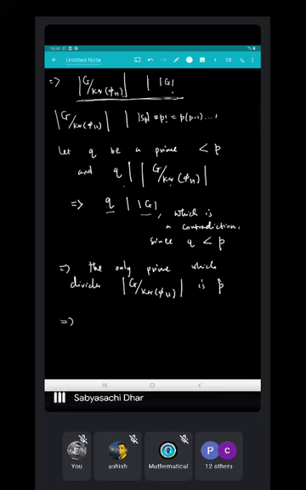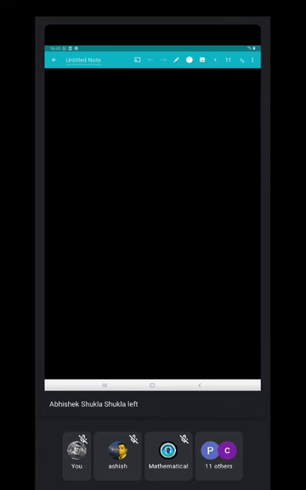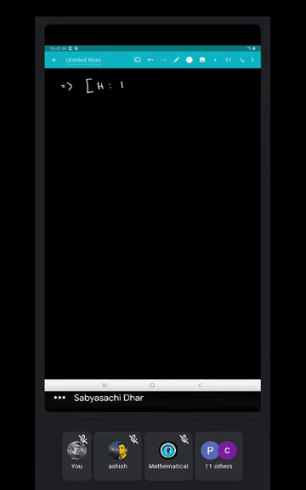So this implies that this is equal to p, right? So now the index of the kernel of phi_H in G is equal to p, which is also equal to the index of H in G, and from here the index of the kernel in H is equal to 1.